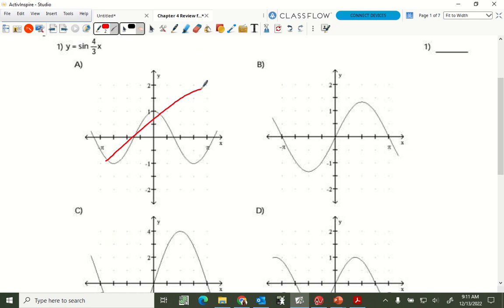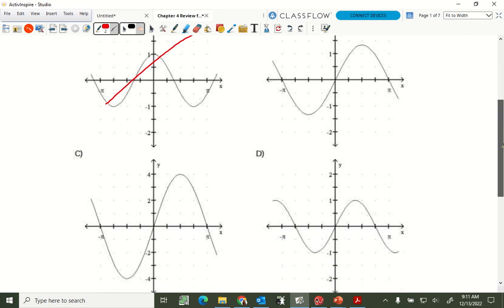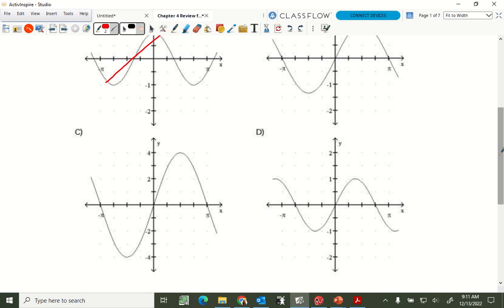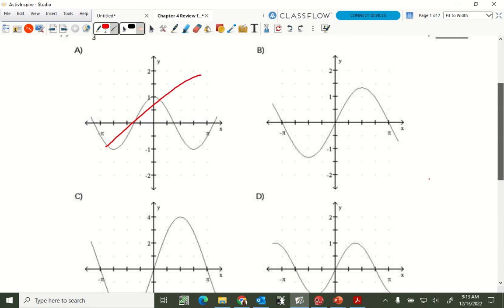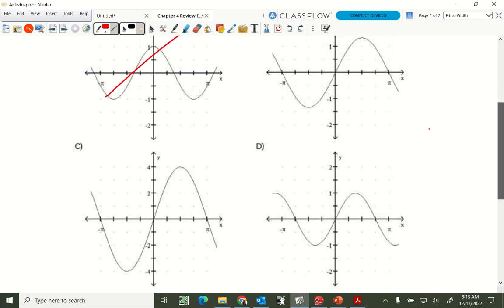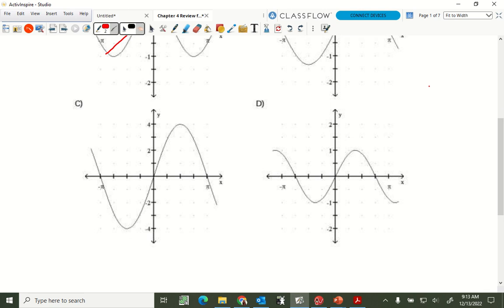I know it's not A. So let's look. B looks okay. What's wrong with D?